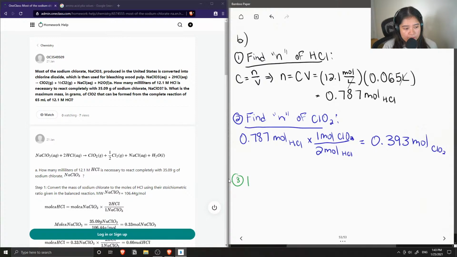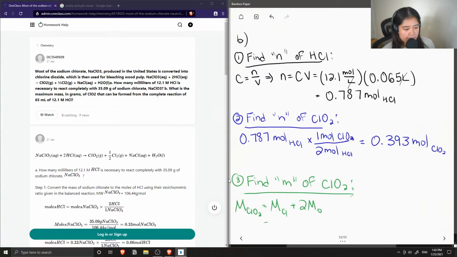So now step 3 is to find the mass of chlorine dioxide. First we need to find the molar mass of chlorine dioxide, which is just going to be the molar mass of chlorine plus 2 times the molar mass of oxygen.